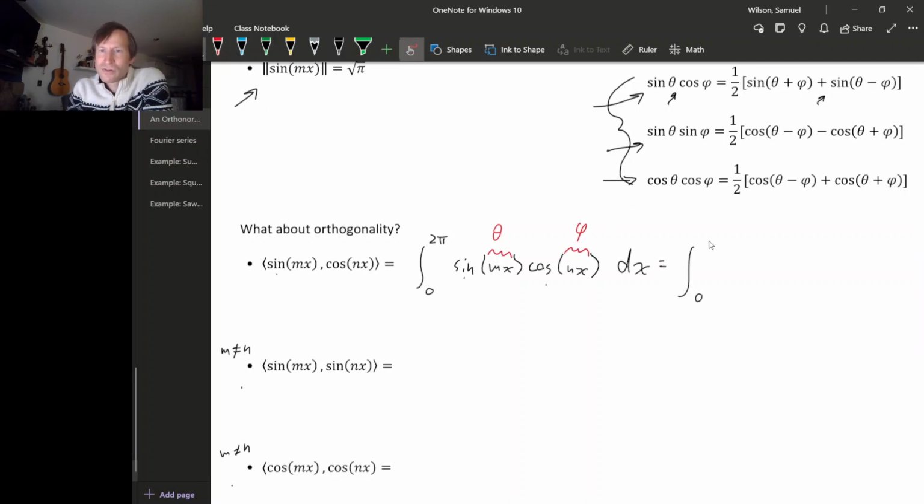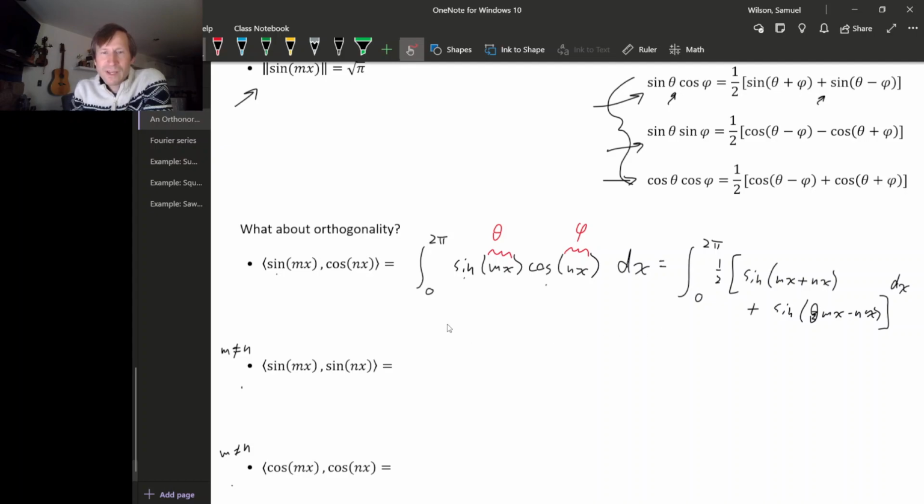We get the integral from 0 to 2 pi of 1/2 times sine of theta plus phi, so mx plus nx, plus sine of theta minus phi, so mx minus nx, dx.